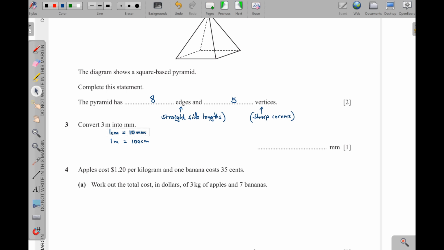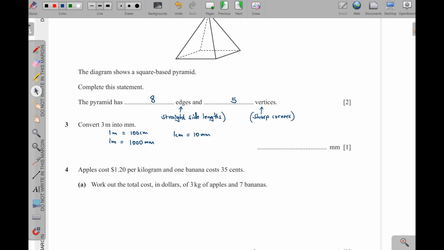But each centimeter, remember, is equivalent to what? To 10 millimeters, not so? So meaning wherever there is a centimeter, I'm going to put this 10 millimeters. So put 10 here, that one will become now 100 times 10, which is 1000, not so? 1000 millimeters. You see that?